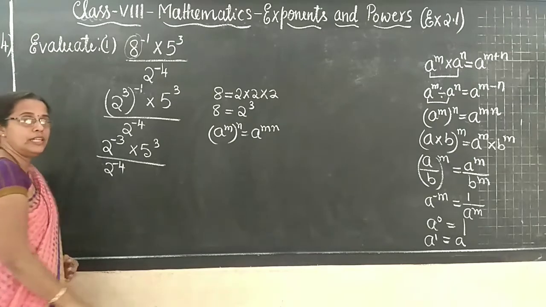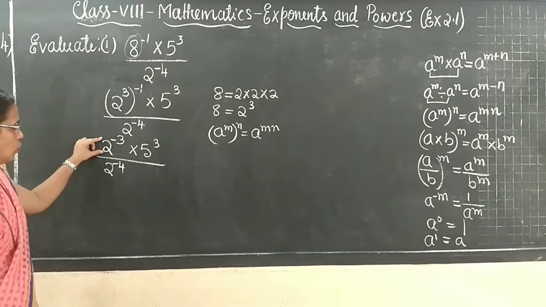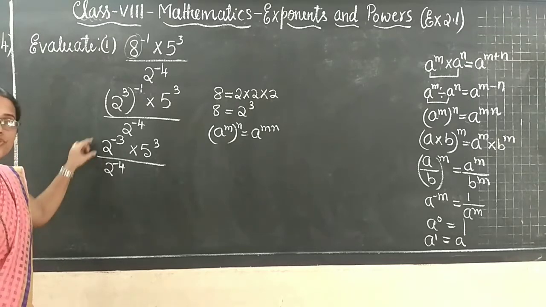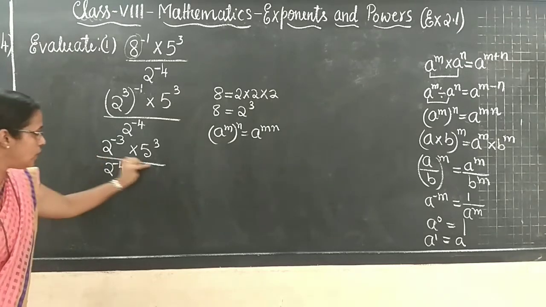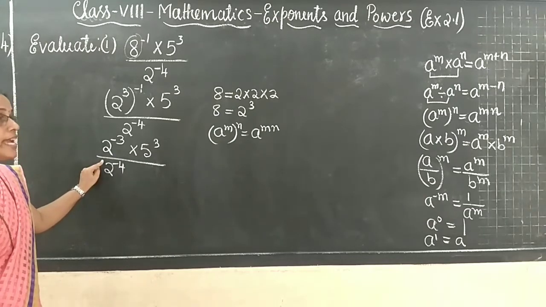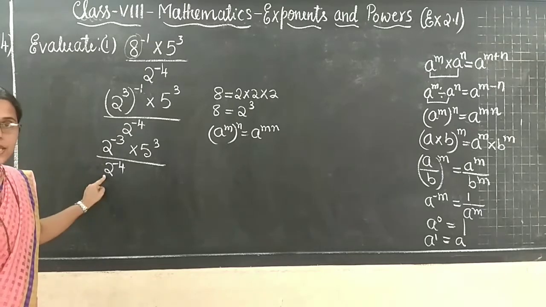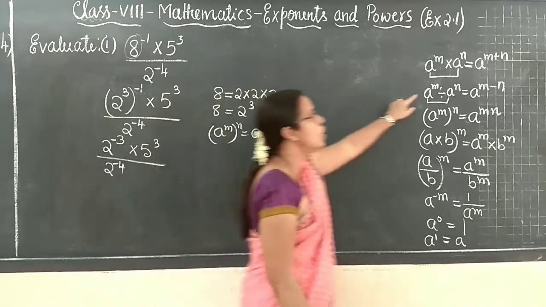Now, children, somebody may say the 2 and 2 bases are the same. This is called a division mark. When the bases are the same and the middle sign is division, which law can I use here to solve this? I can use the second law.